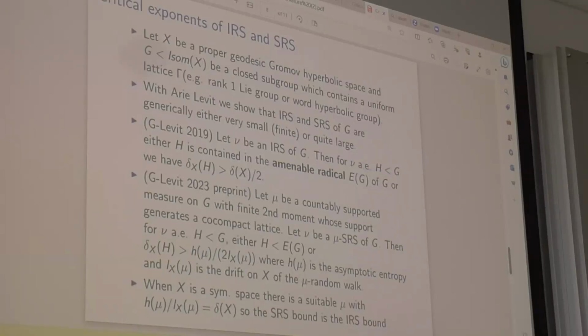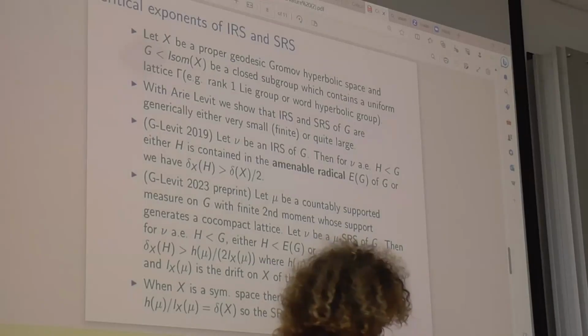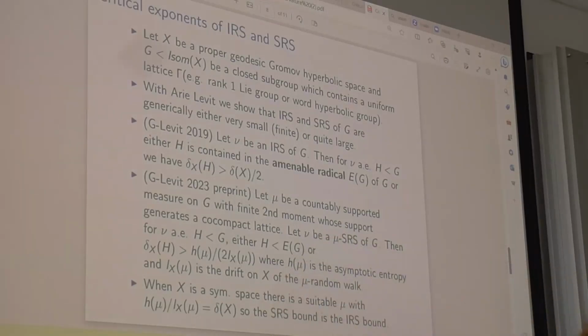The key probabilistic tool is that we needed to prove this theorem, that small critical exponent implies a bound on injectivity radius. This is an estimate on critical exponents of stationary random subgroups of hyperbolic spaces.